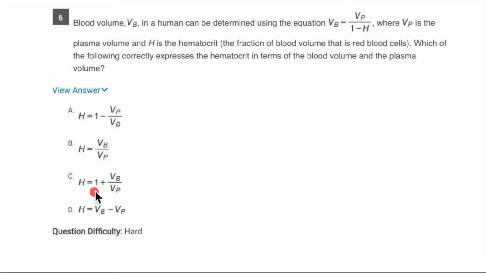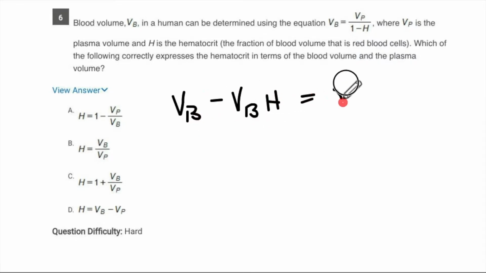These are one of my favorite problems, and they happen to be on the SAT, which is great. So I'm going to cross multiply. I'm going to take VB times 1, VB times H. So let's do that first. VB minus VB H equals VP. So I just cross multiplied and distributed it through as I went.